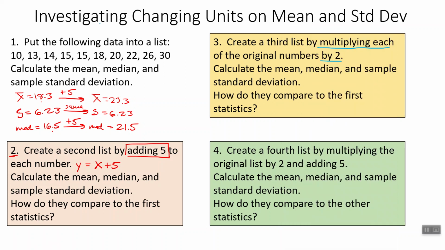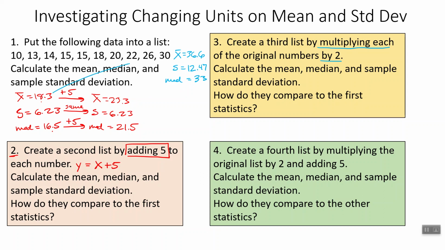So our mean for this one is 36.6. Our standard deviation was 12.47. And our median was equal to 33, I think. All right, so if we multiplied everything by 2, what happened?